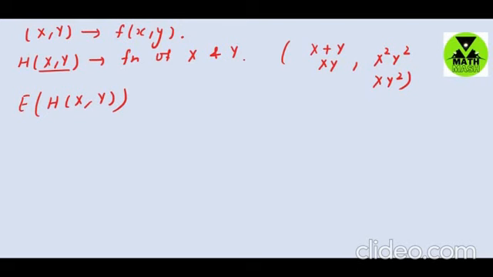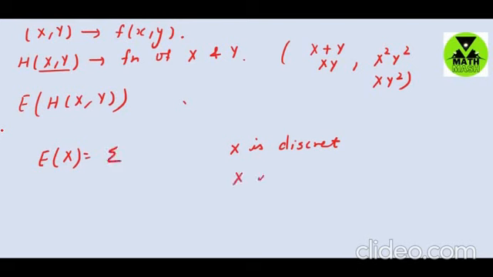If you remember, by the definition of expectation for a single random variable, we first know how to compute the expected value of x. If x is a discrete random variable, we use summation.